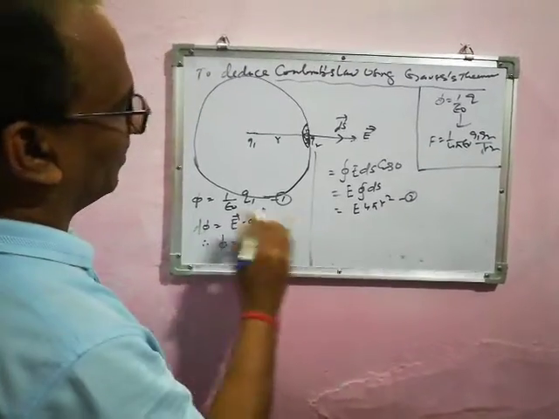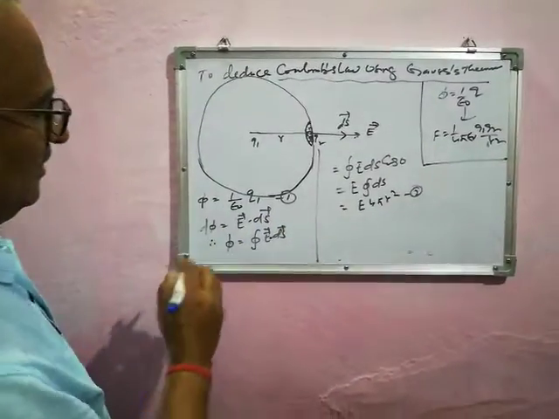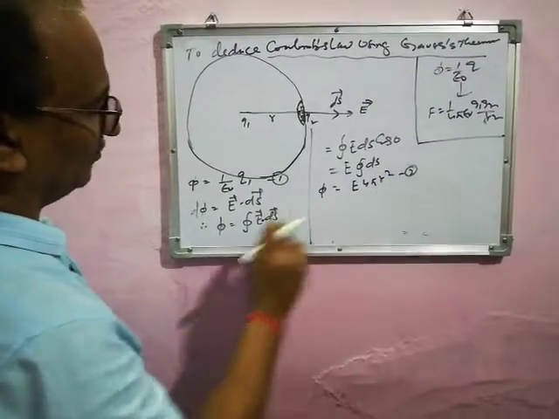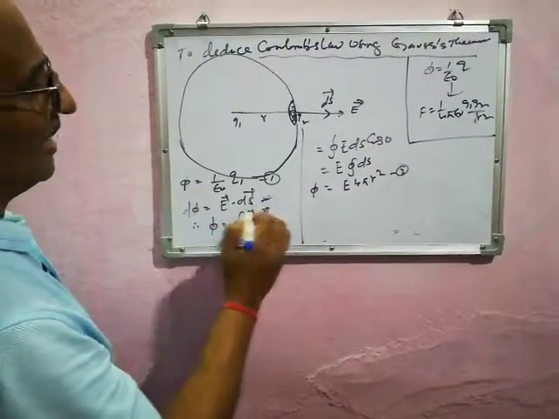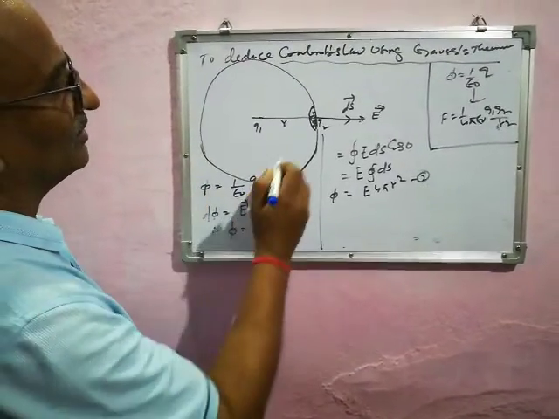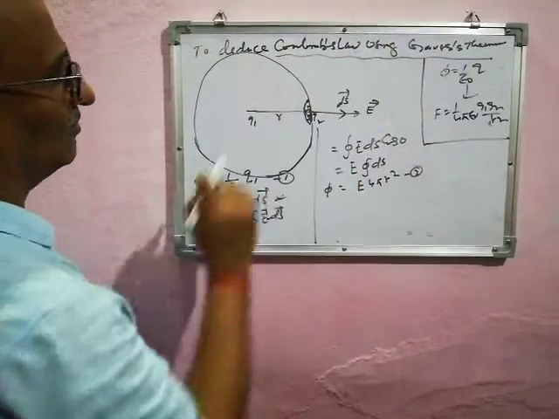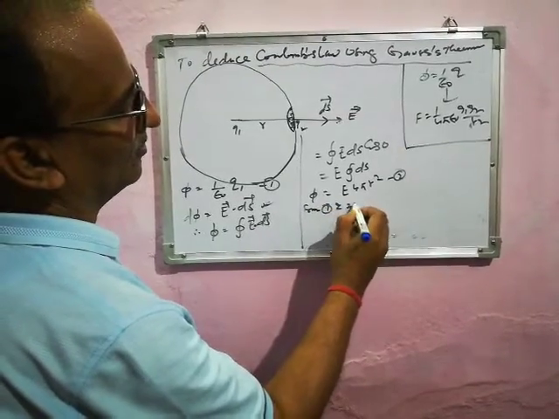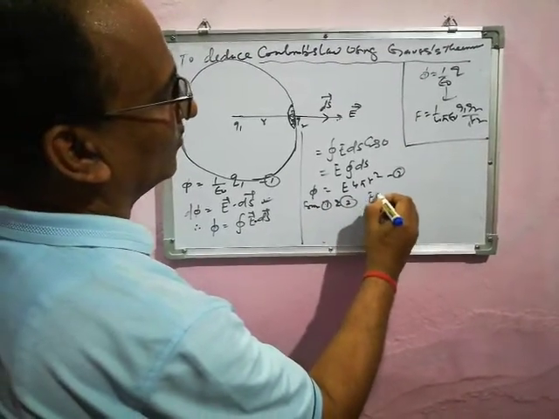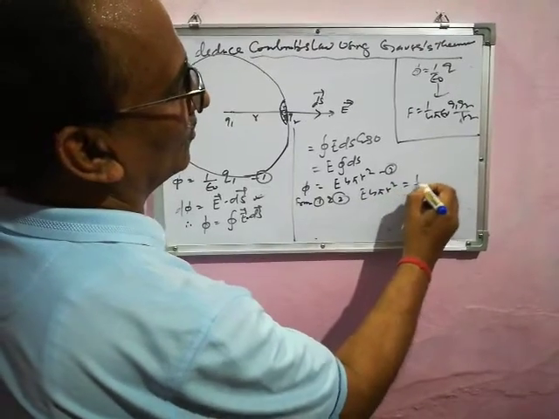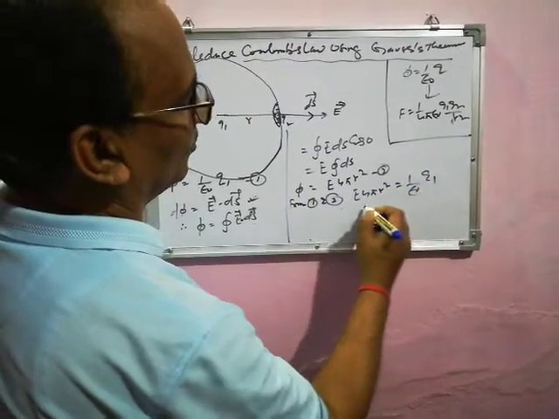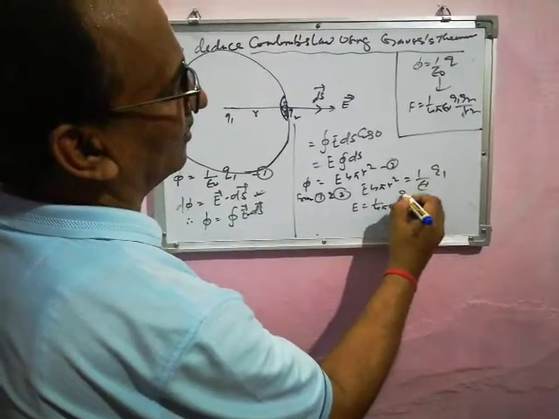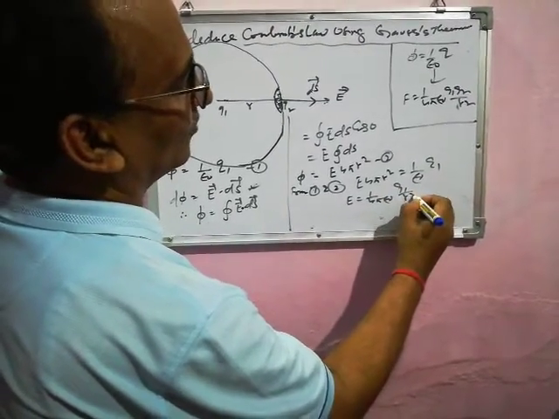From 1 and 2, the value of the flux is calculated using the definition, and this is the value of the flux using Gauss's theorem. So equating 1 and 2, we see that E into 4 pi r square is equal to 1 by epsilon naught Q1. So E becomes equal to 1 by 4 pi epsilon naught Q1 by r square.